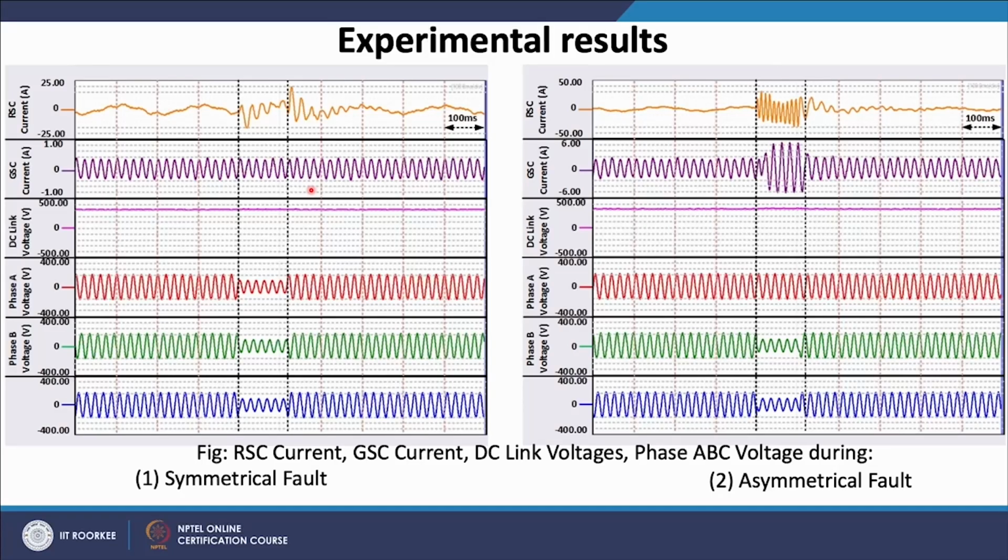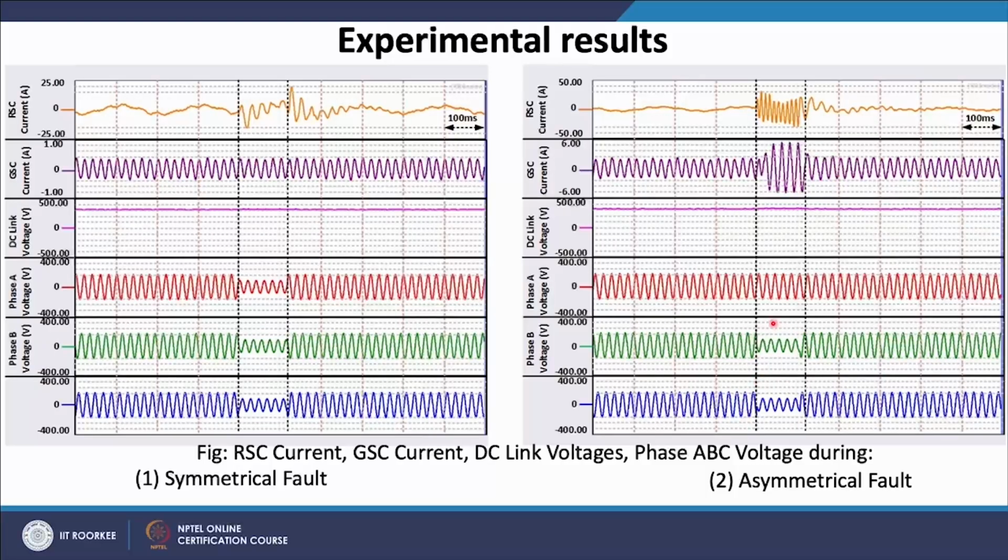Under similar system working conditions, an asymmetrical fault is introduced and the results obtained are shown in the figures. The system is subjected to the fault type of line to line in the B-C phase.